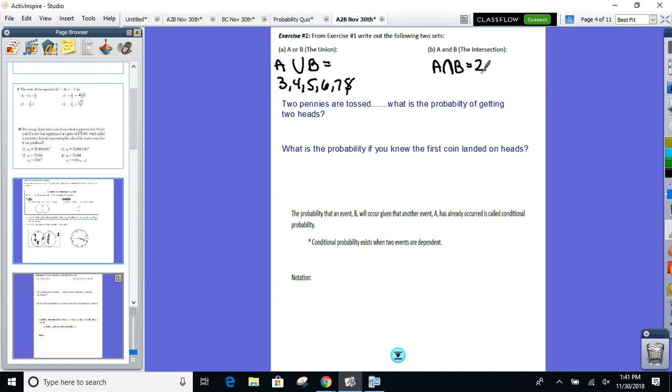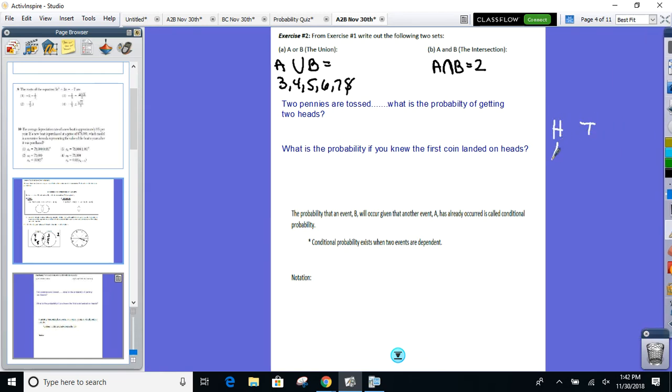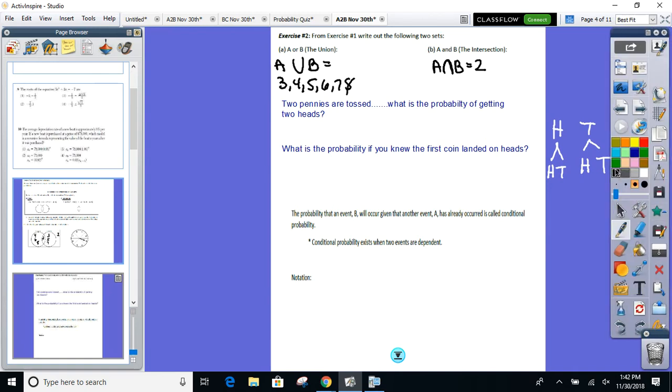What's the probability of heads, heads? 1 out of 4. Everyone agrees? 1 out of 4? That's correct.